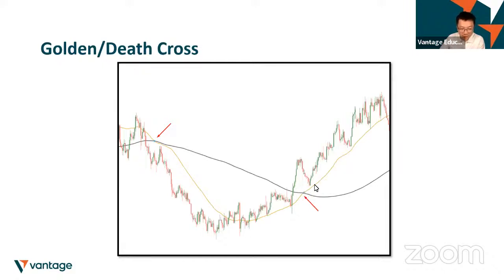That's where you can see price moving towards the upside. Or when you see the 50 cross down from the 200 moving average, that's where we would say it's the death cross, as we see price move towards the downside. You can see here as price moves towards the downside when that cross happens, or when there's a golden cross, you see price move towards the upside.